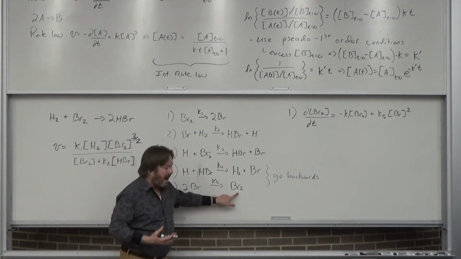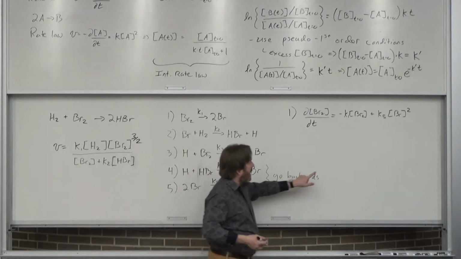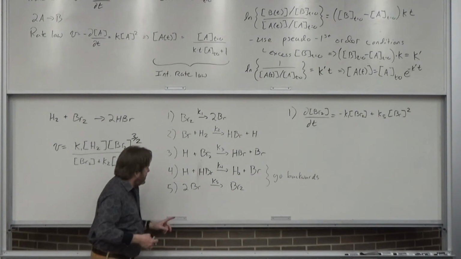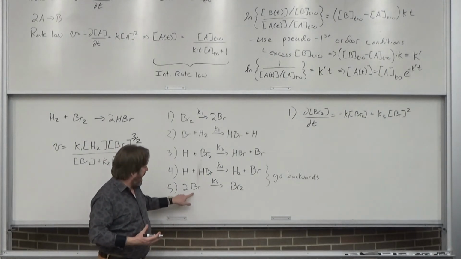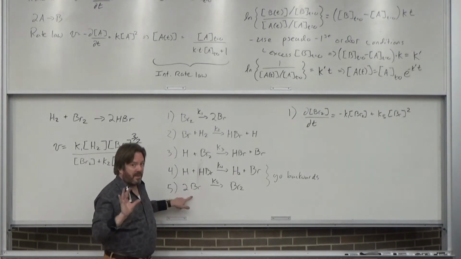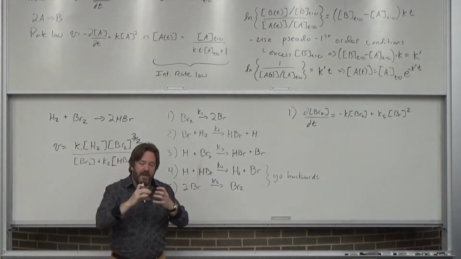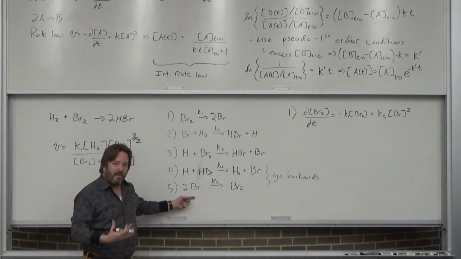Now look at number 5. In number 5 Br2 is formed. So that means I'm going to have a plus k5. Now the agent responsible is Br, and it takes 2 of them. Now remember, this is a mechanism. A Br atom and a Br atom come together. Now I assure you of that. This is a statement of mechanism.